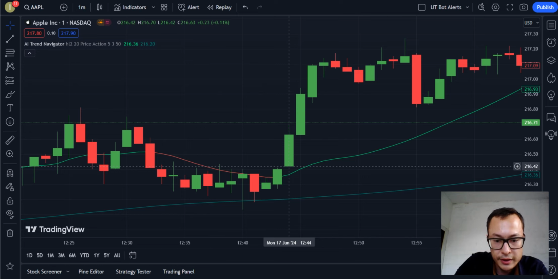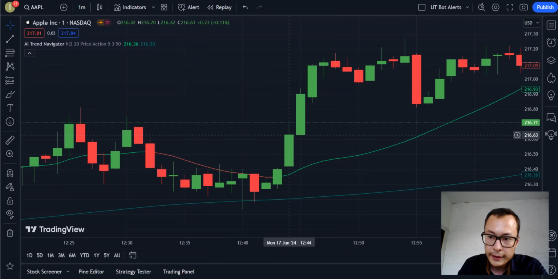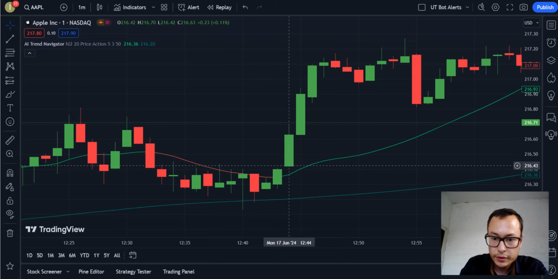On June 17, 2024 at 12:44 p.m. Eastern Standard Time, New York City time, the price of the Apple stock was, on the right you see here, $216.42, and by the end of that 1 minute, close to 12:45 p.m., it was $216.63. So there was an increase of 20 cents in the price of the Apple stock within 1 minute.